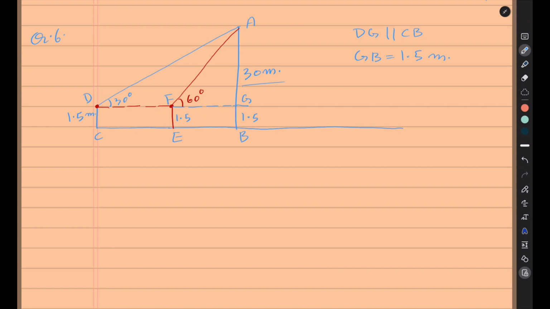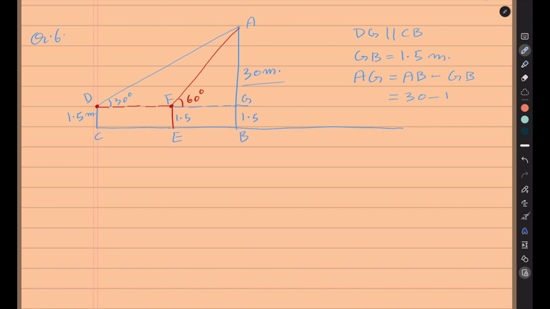Now, what will be AG in that case? AG is nothing but AB, which was the height of the tower, minus GB, which is the height of the boy.